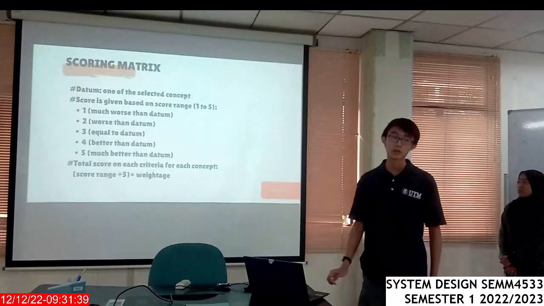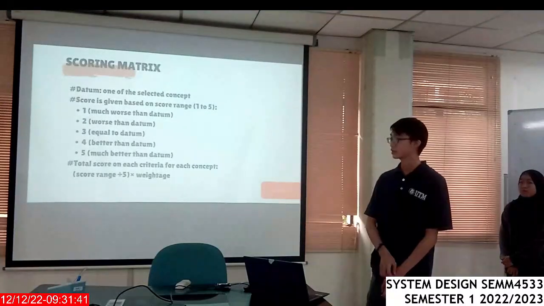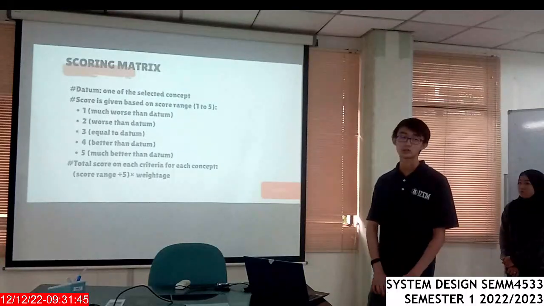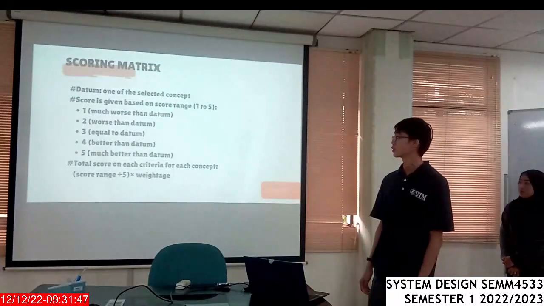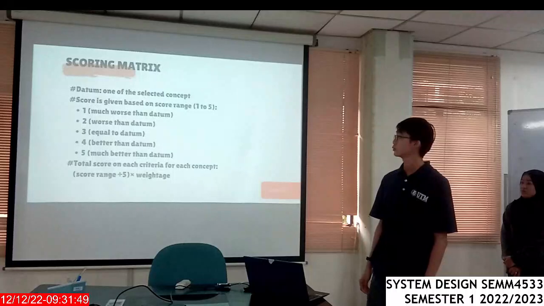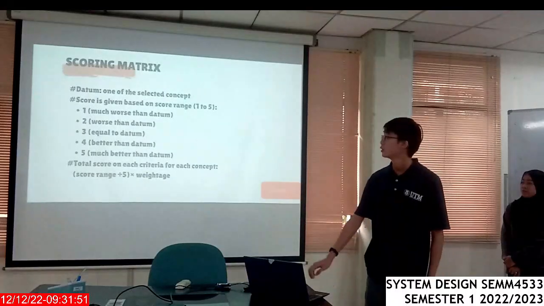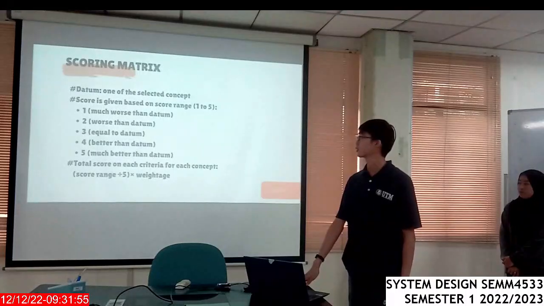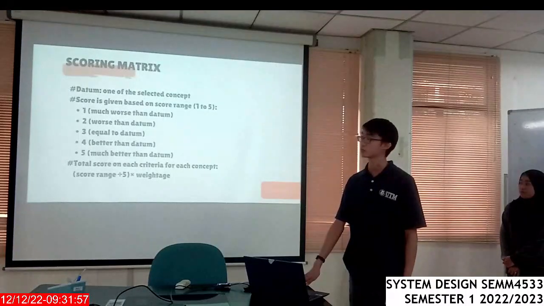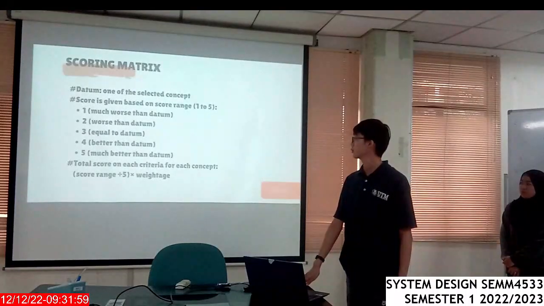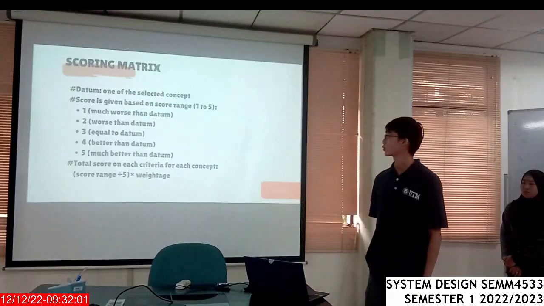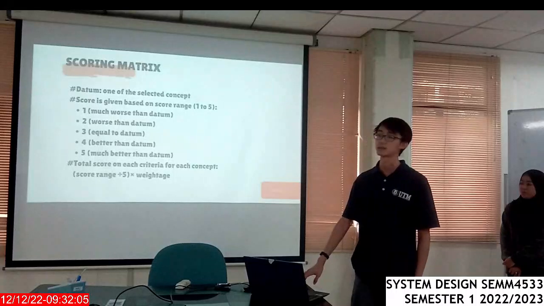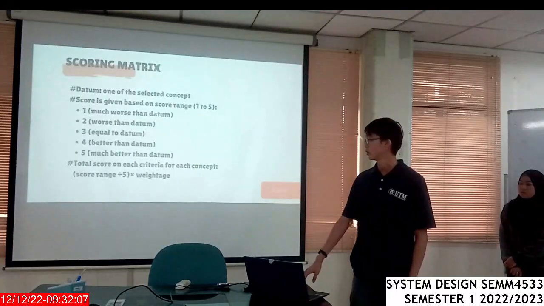After we gathered all the redevelopment concepts plus the previous top 5 screening concepts, we combined them and came to the scoring. In the scoring, we have 10 concepts selected, and the score is given in the range of 1 to 5, where 1 indicates the worst and 5 indicates the best compared to the datum.